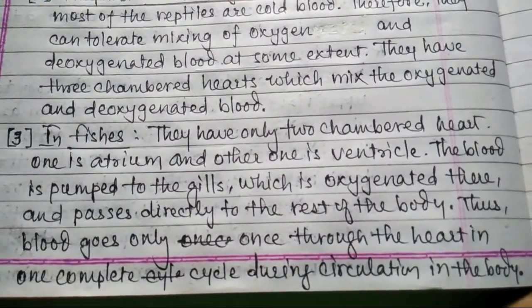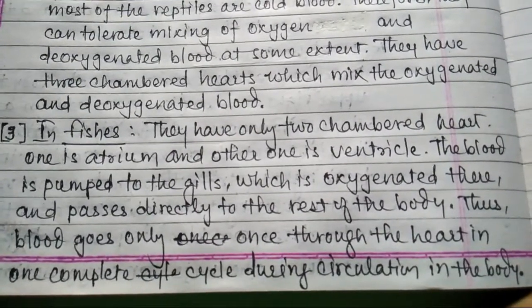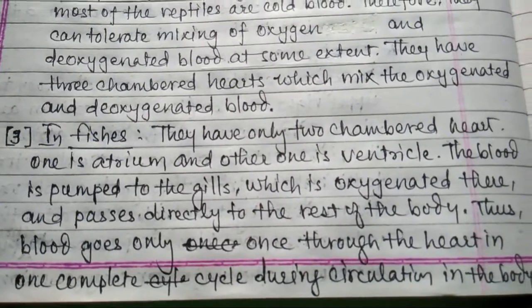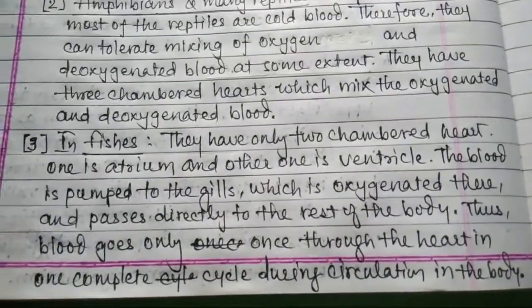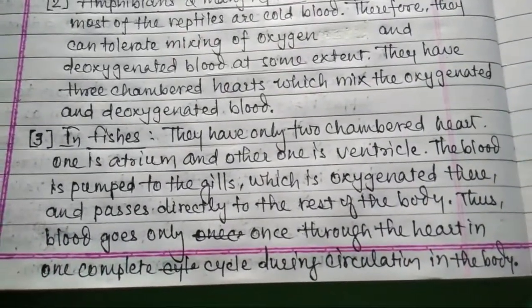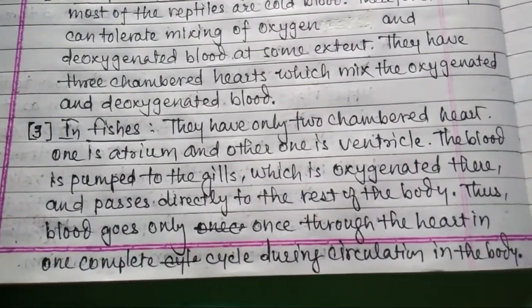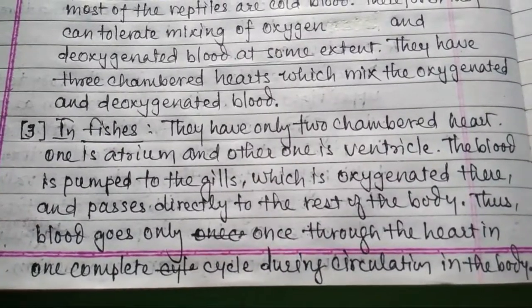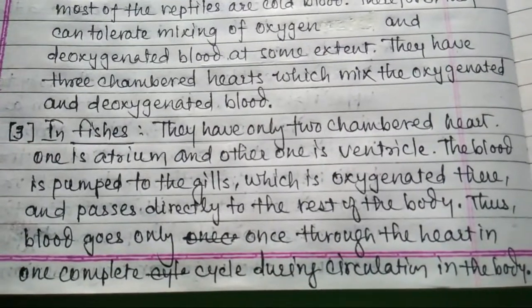The blood is pumped to the gills, where it is oxygenated and passes directly to the rest of the body. Thus, blood goes only once through the heart in one complete cycle during circulation. Fishes are also cold-blooded animals, but their heart has only two chambers, one atrium and one ventricle. As they are cold-blooded, they need less oxygen.